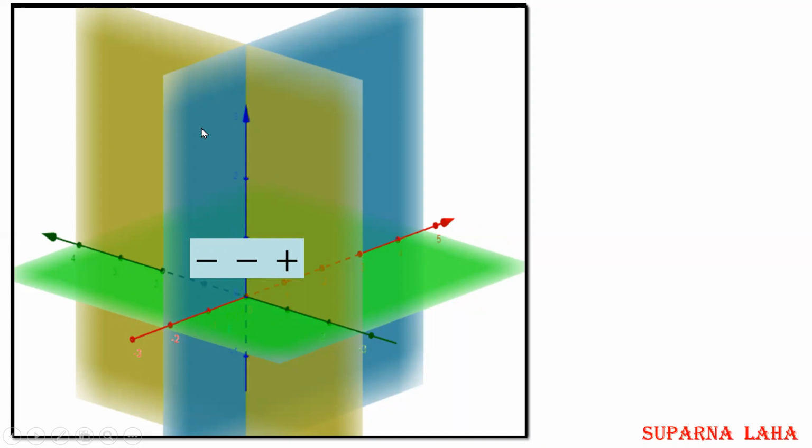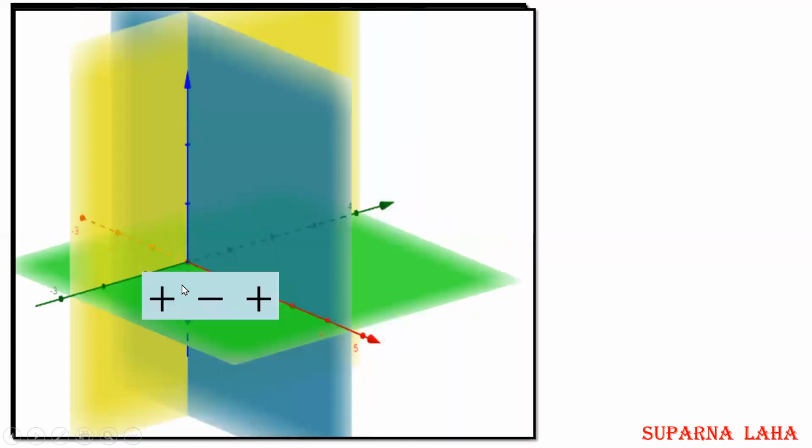Any point in this chamber is given by this. Next: x is positive, y is negative, and z is positive. Okay, so these are the 4 chambers, or 4 rooms, of the first floor.